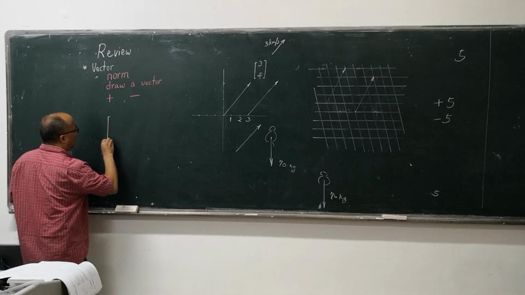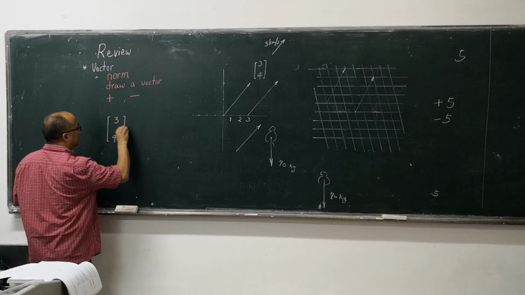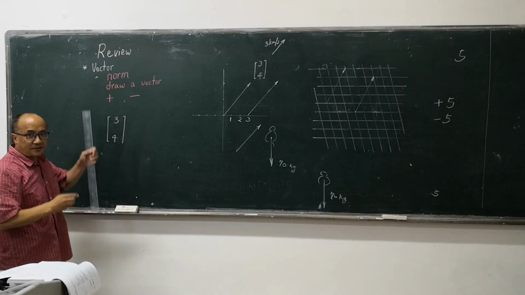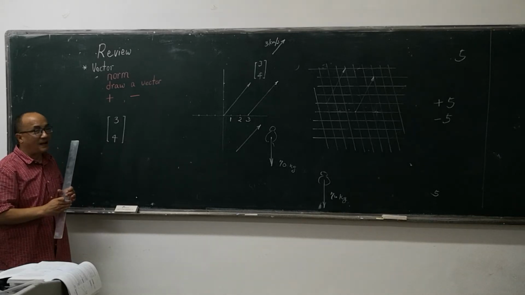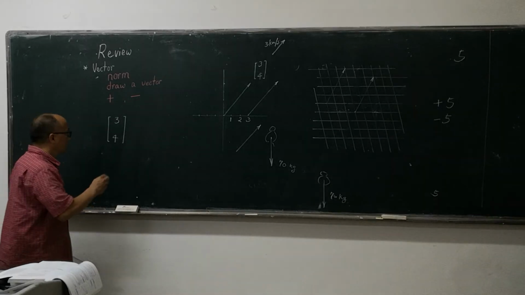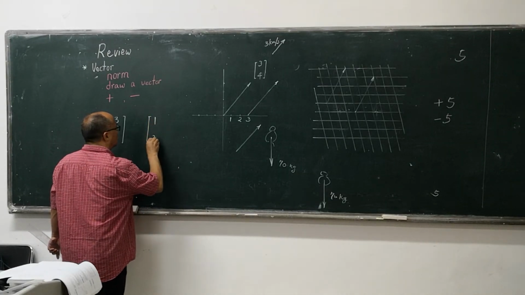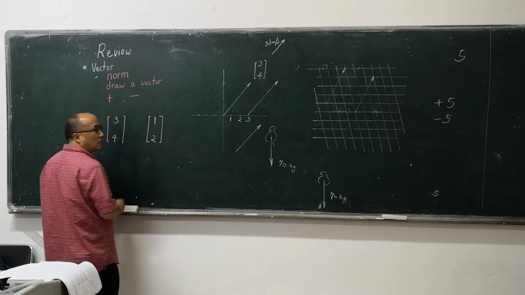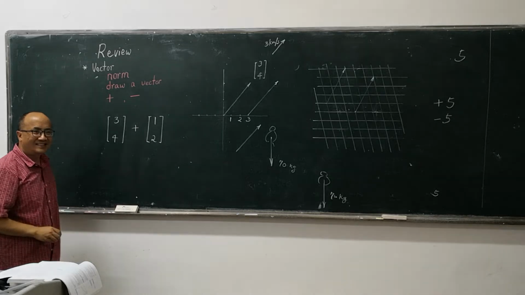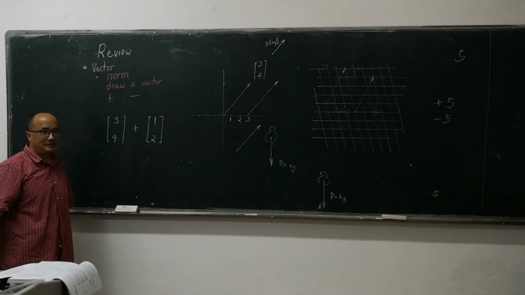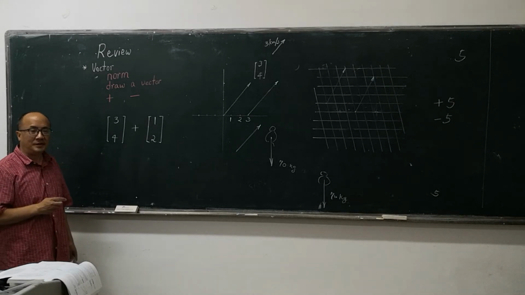For this vector, 3, 4, we said the vector is just an advanced number. And if this is 1, 2, if I want to add it, there are two ways to do it.